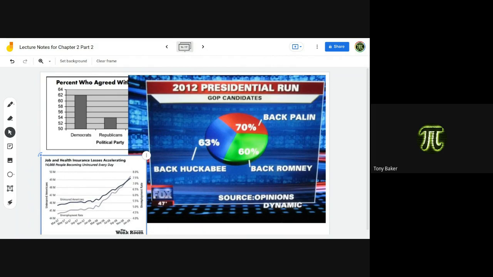It's not data that should be used for a pie chart. Pie charts look pretty, right? So yeah, this should not have been a pie chart at all.